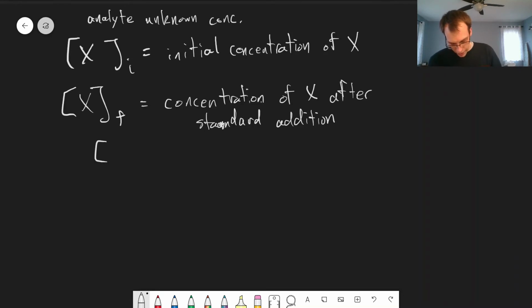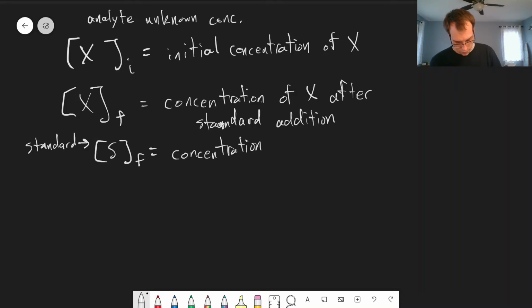We'll also have our standard, which is the same thing as X, but we know the concentration here. And that'll have some final concentration after it's been added. And then we'll have our signals.